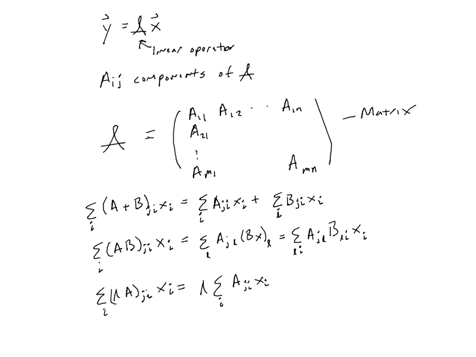These are essentially the mathematical operations you can do with matrices. Another thing we should note is that there is such a thing as a null matrix, and a null matrix is one where all the components are 0.